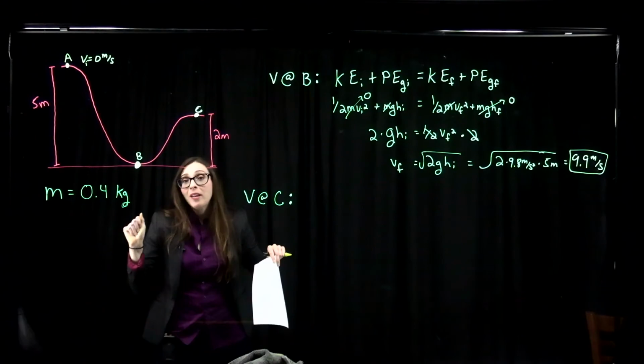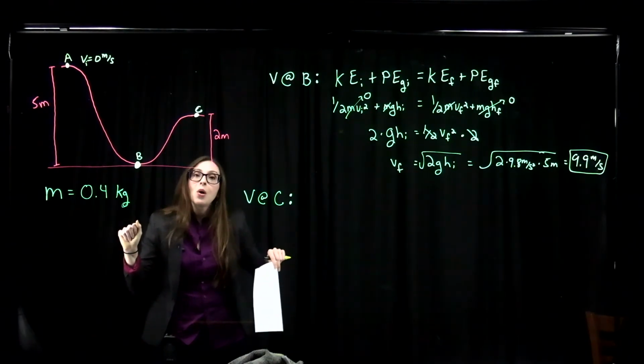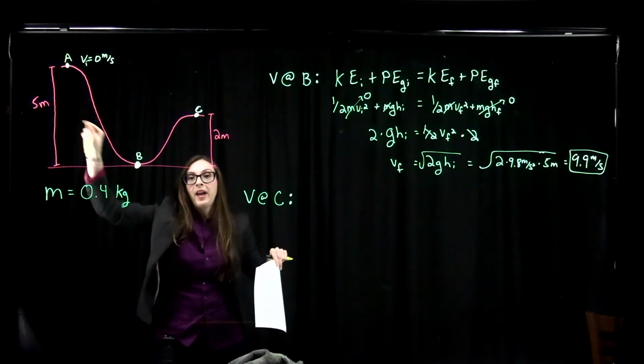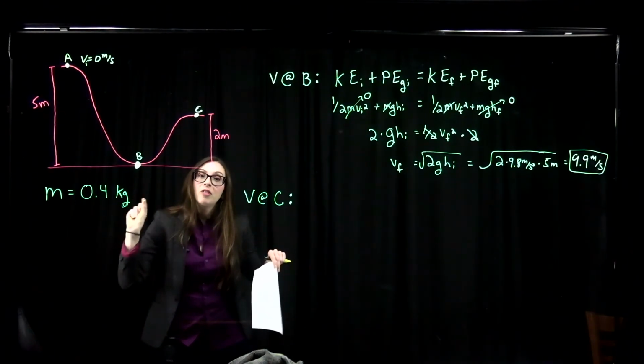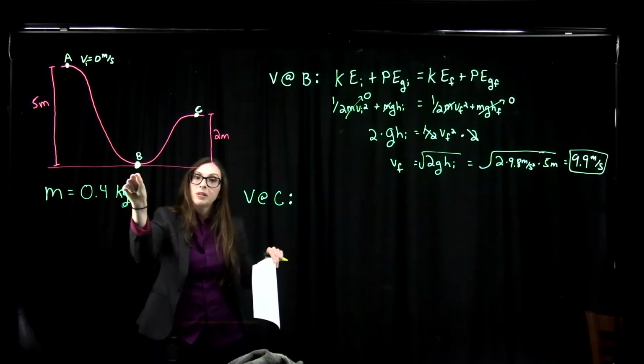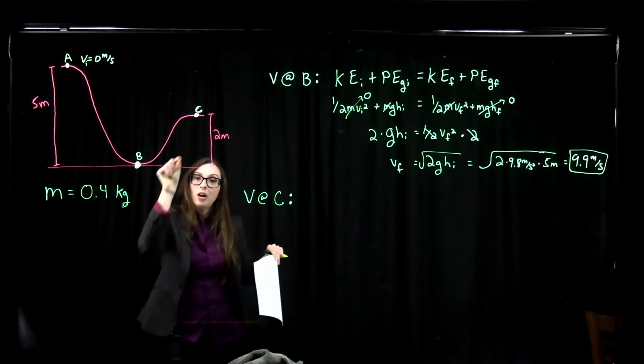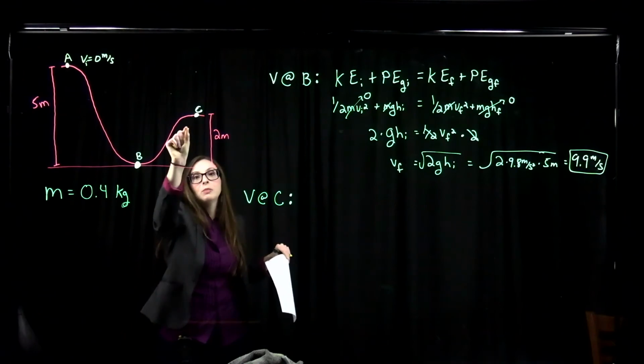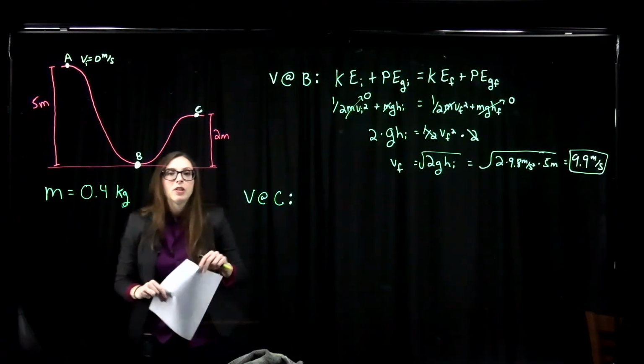I don't know if one of those is easier than the other, so since we've already used point A, to find our velocity at point C, let's go from our initial kinetic energy and potential energy at point B and our final kinetic energy and our final potential energy at point C to solve this problem.